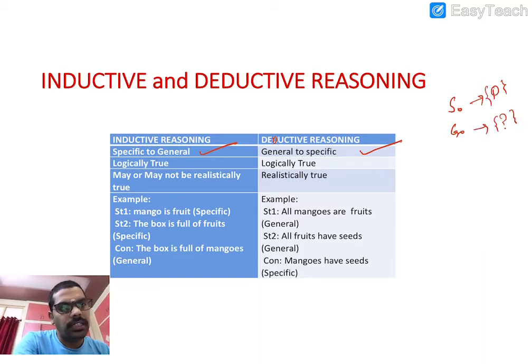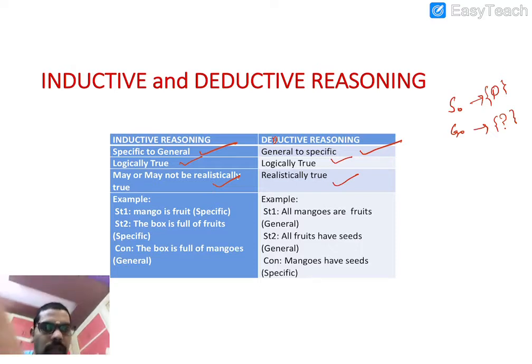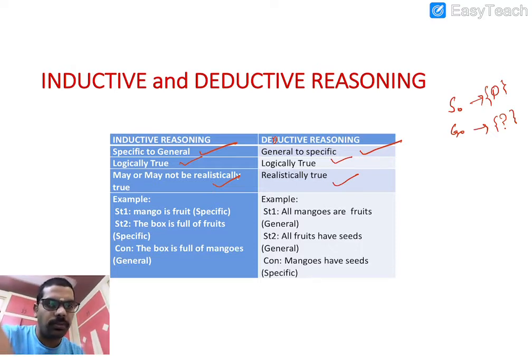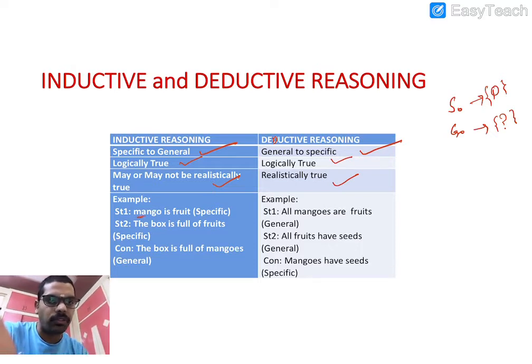And here inductive reasoning is logically true and deductive reasoning is logically true, both are true. One more statement about inductive reasoning: it may or may not be realistically true, but deductive reasoning is realistically true. Suppose there is an example: mango is a fruit, so that is a specific nature, and the box is full of fruits.